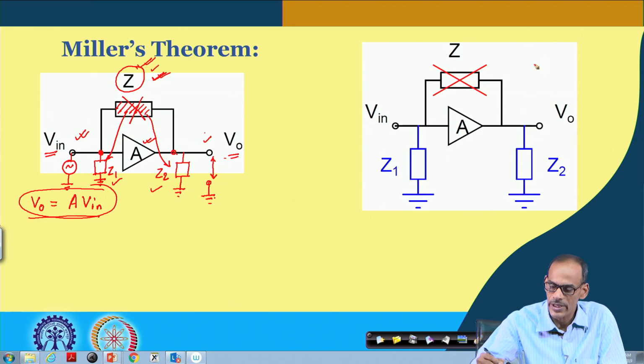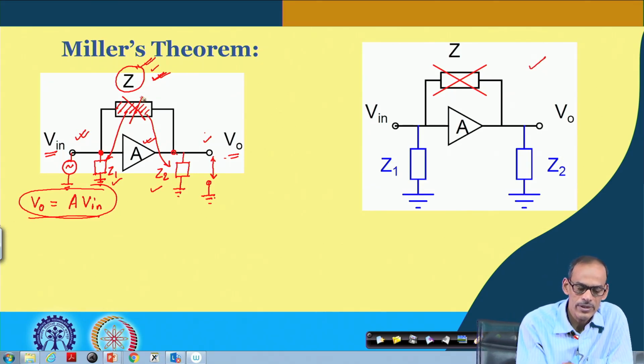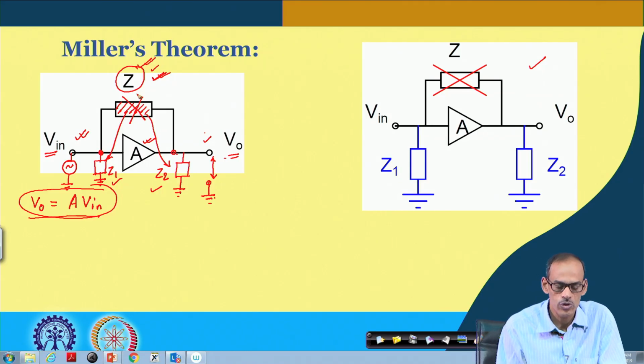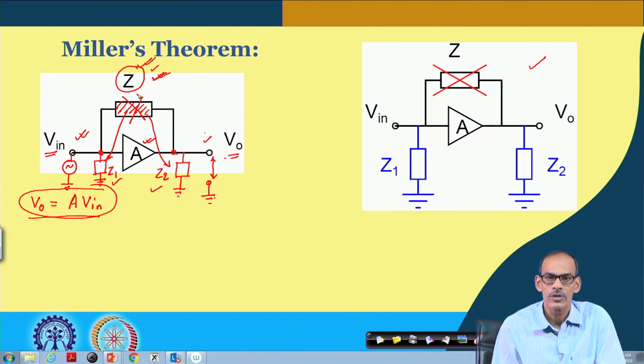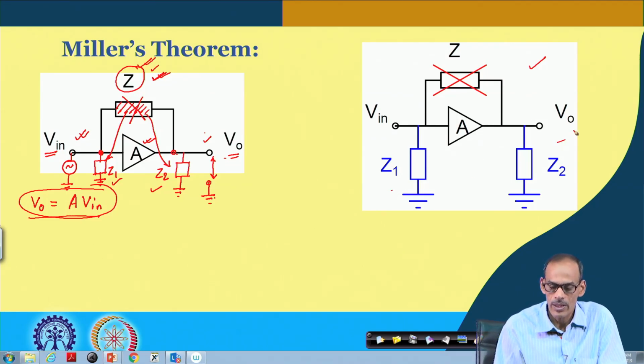That is what this diagram represents: we are splitting the bridging element into two equivalent parts called Z1 and Z2, one for the input port, another for the output port. Now, when do I say that they are equivalent?